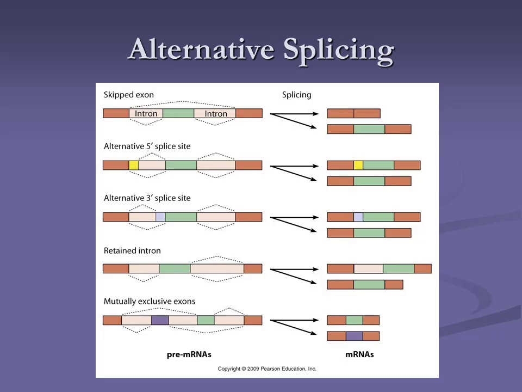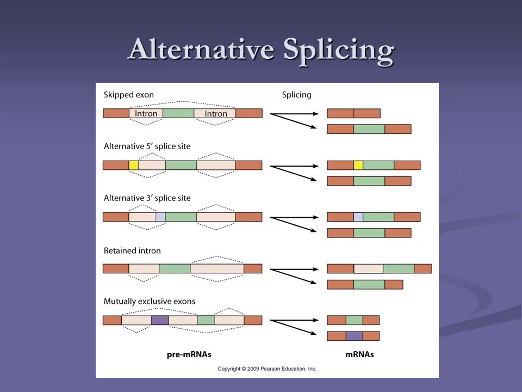Here we have this little yellow piece, which would be another portion of an exon. You can see we've spliced it in such a way as you can either have it or not. So you see how we can have different transcripts depending on how we splice different parts of our pre-messenger RNA. It's just how you cut it and glue it back together.